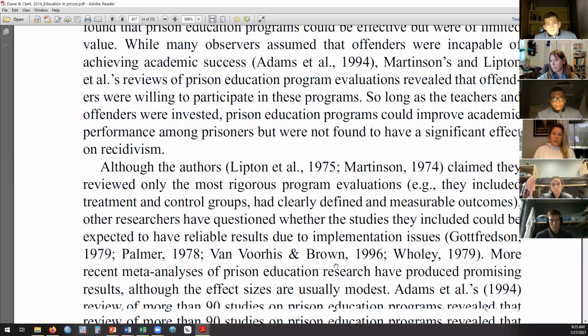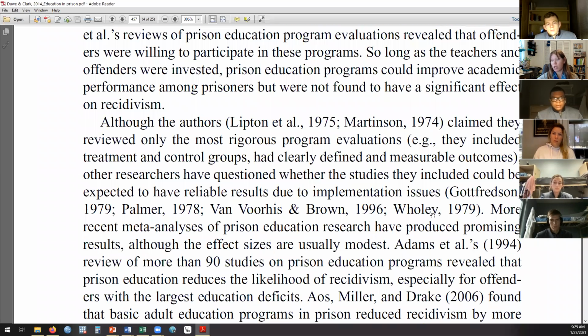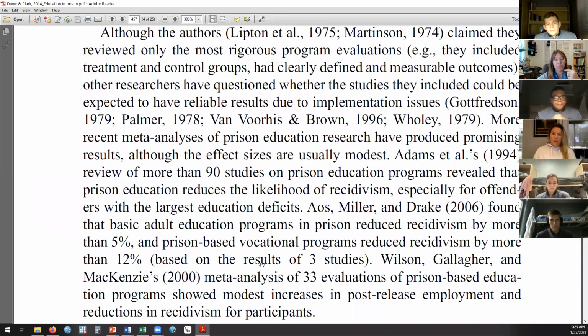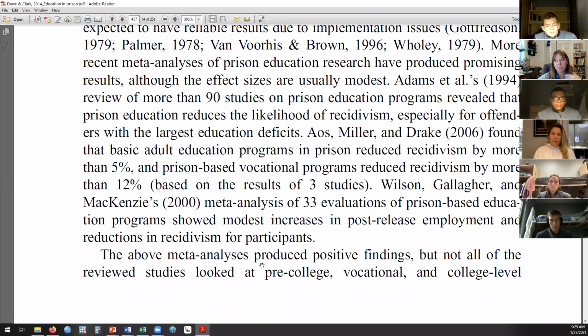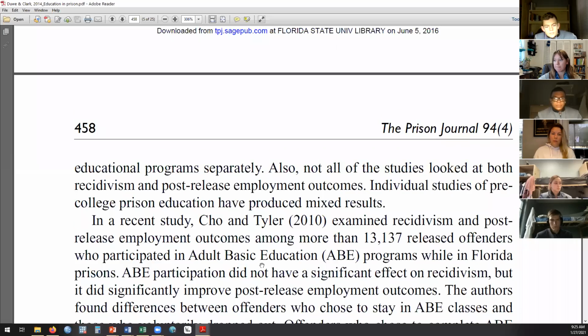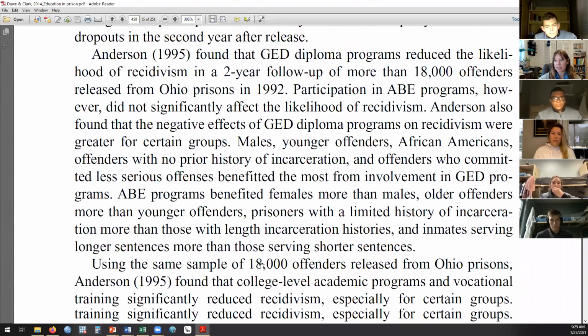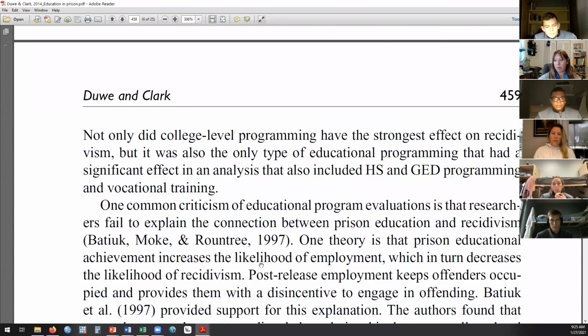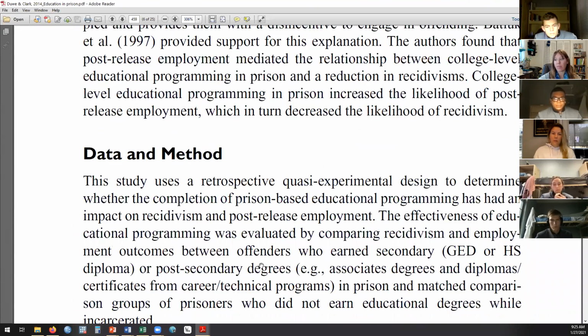Here's Lipton, Miller and Drake. We've got 7 or 8 similar articles. So if you can only find 2, pull up one of them and look through their lit review, and you might be able to find the rest of your 5 that you need. But for the rest of our purposes, you don't need to read this part right here. So we can scan, scan, scan, to data and methods.